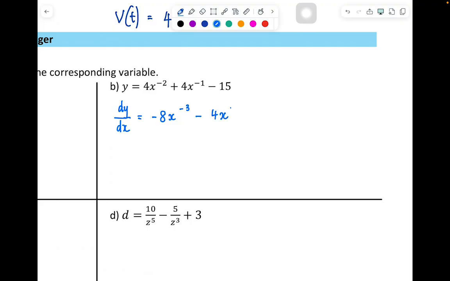Same with the second term. And the third term here is a constant, so therefore it will be +0, so it disappears. What I'm going to do is take an extra step here and bring the negative powers down into the denominators.